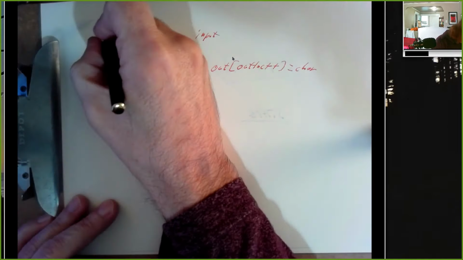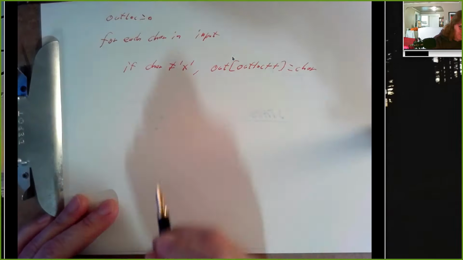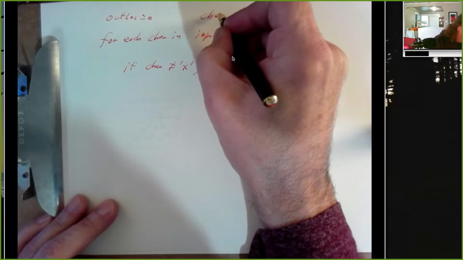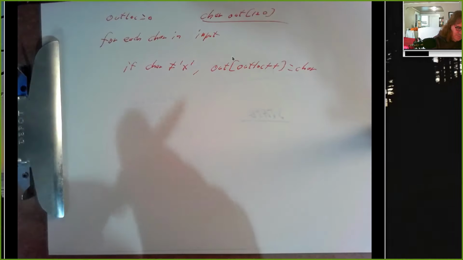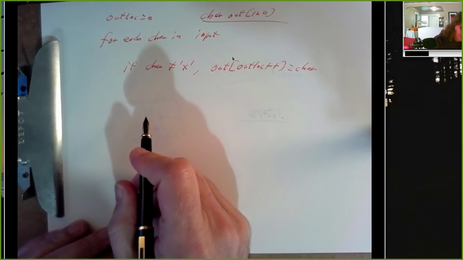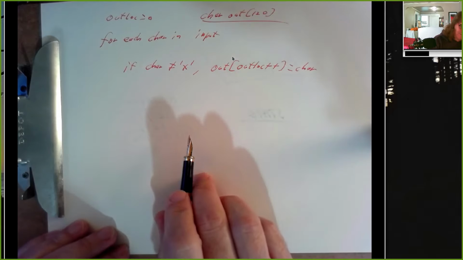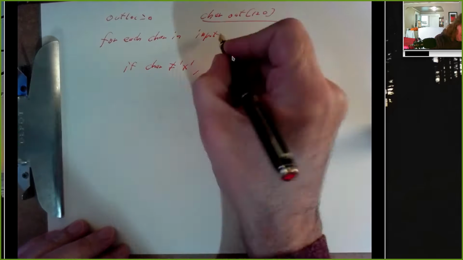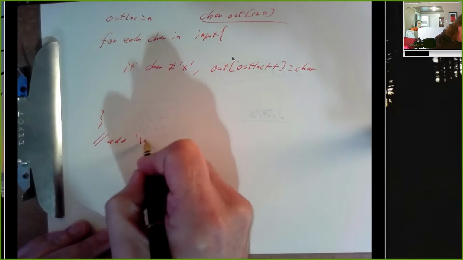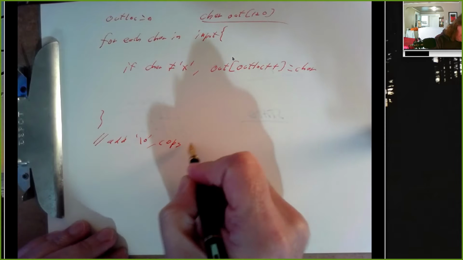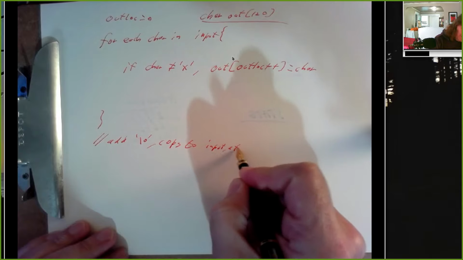All right. And let's initialize our output location to 0 and some sort of output array that we can write into. So for each character in the input, we're going to do the following. If the character is not an X, we're going to copy that character to the output location. All right. And then add the null terminator, copy to your input, etc.